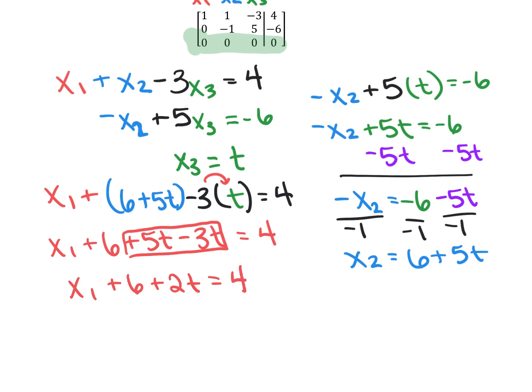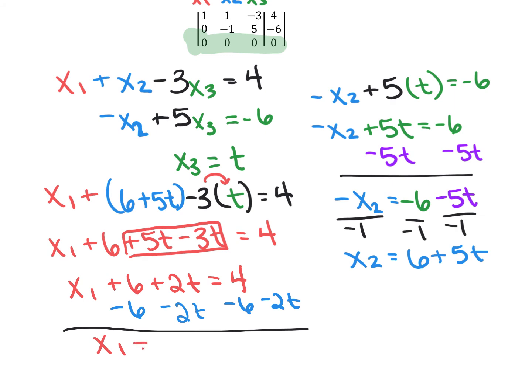I want to get x1 by itself, so I'm going to subtract 6 on both sides. I can subtract 6 from 4 right here. And I'm also going to move the 2t over by subtracting it, minus 2t. So when I do that, I get x1 is equal to negative 2 minus 2t. Notice this, x1 is positive, so we're good there. And it's all written in terms of t.